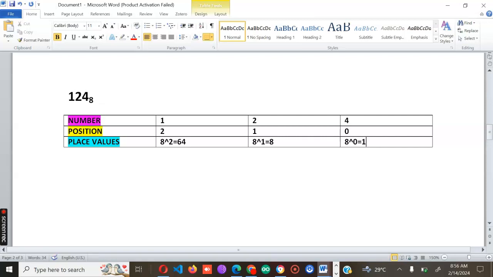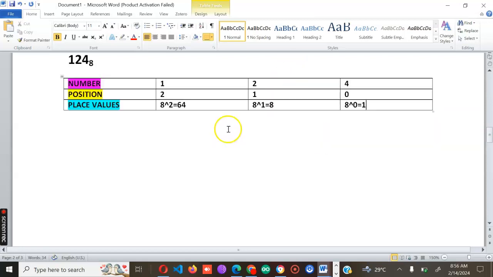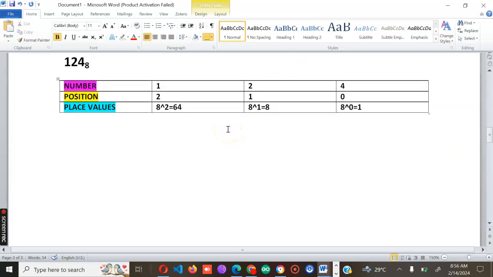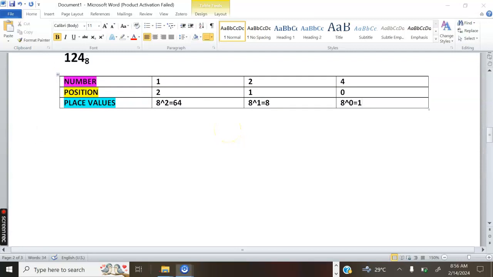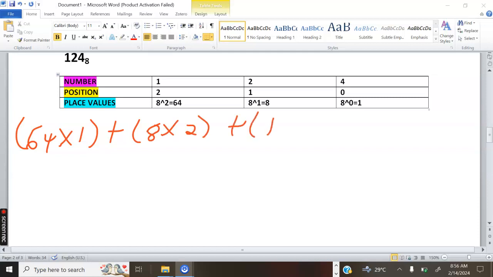Okay, having done that, the next step is to multiply the place value by the number. So we have 64 multiplied by 1, plus 8 multiplied by the number, which is 2, plus 1 multiplied by the 4.